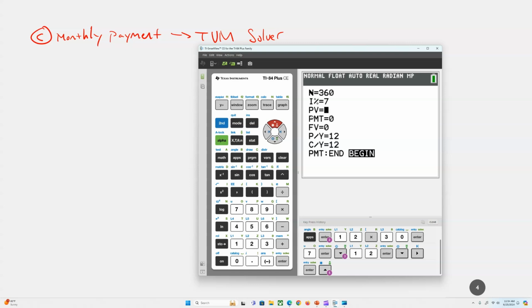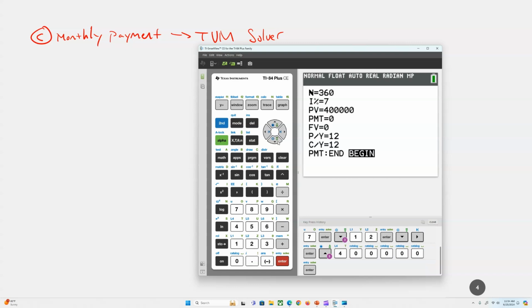So what are we trying to solve for? First off, we're trying to solve for a monthly payment, so we're trying to solve for PMT. What you can do with present value here is that's how much you're borrowing today for the house. So that's $400,000, the loan amount we're borrowing.